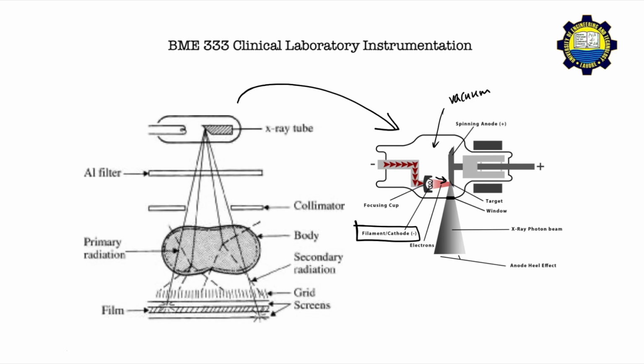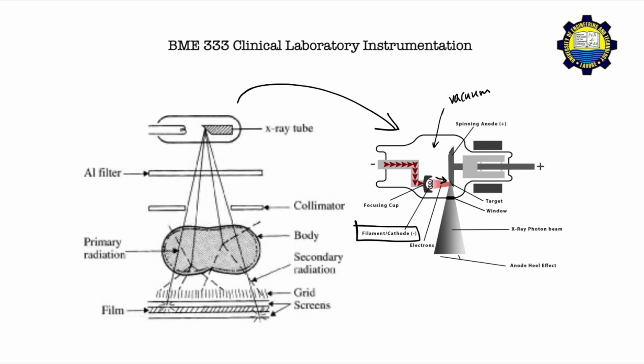So you don't want your electron beam to get obstructed by those nuclei or those electrons, because if that happens, there's going to be scattering, and this beam would not be very nicely directed towards the anode. So it would approach the anode rather scattered, or with very low kinetic energy, and as a result the strength of the X-ray beam that is generated would be very weak. So the vacuum chamber is important in that aspect.